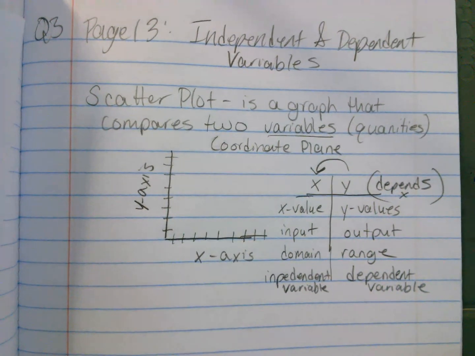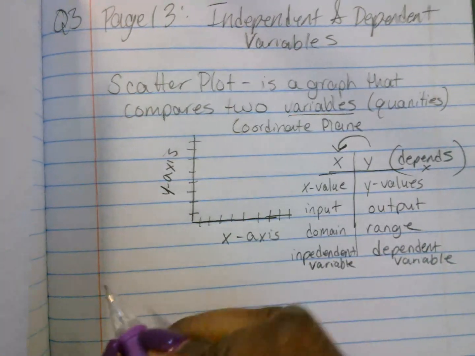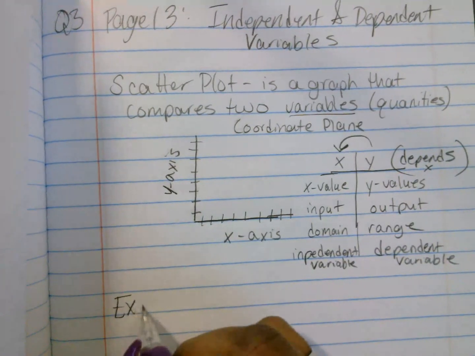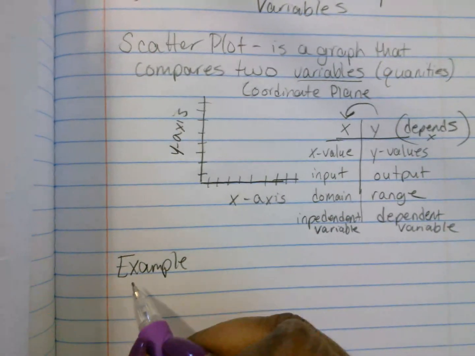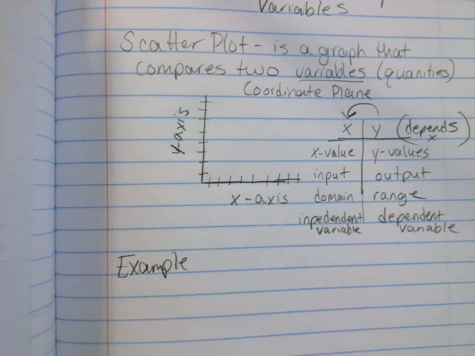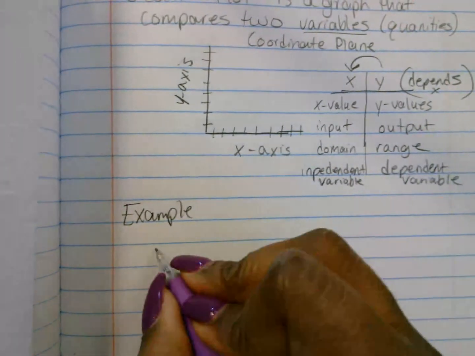All right, so now we're going to focus more on the independent dependent relationships, and we're going to do some examples. Then you're going to work with a partner or group to complete the rest of the examples. Let's look at this.